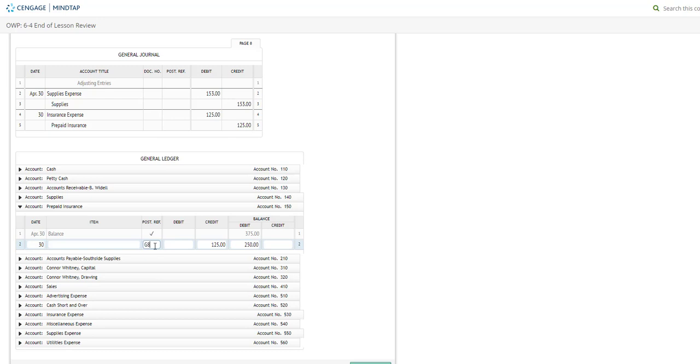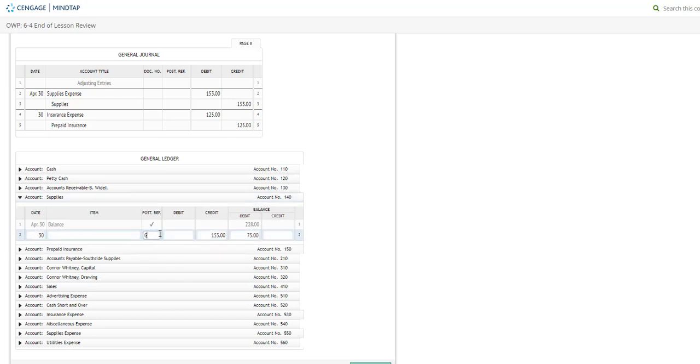It came from G8. And so it needs to go into both of those. So this came from G8. And this account it got posted to. So before I leave that, I'm going to go ahead and mark my account number up here. My supply account was 140, and my prepaid insurance account is 150.